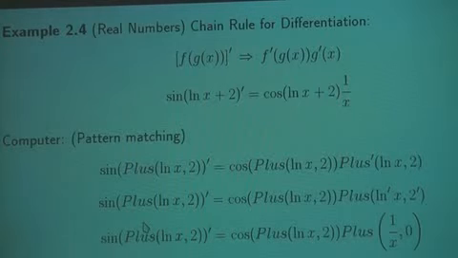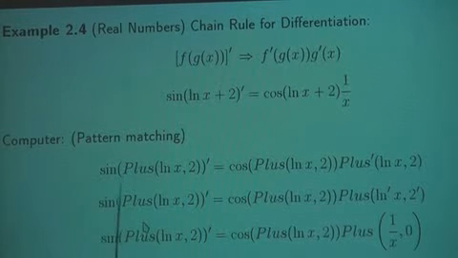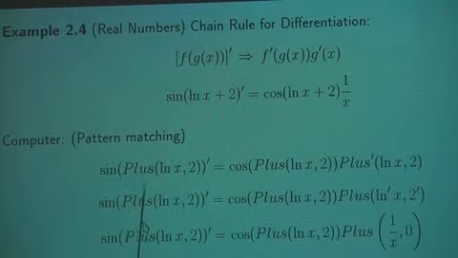We know a rule for the derivative of a sum. How does that work? What is the rule for the derivative of a sum? The sum of the derivatives. Thank you. Yes. So that's actually what we applied here. So we do the derivative of the sine of plus.